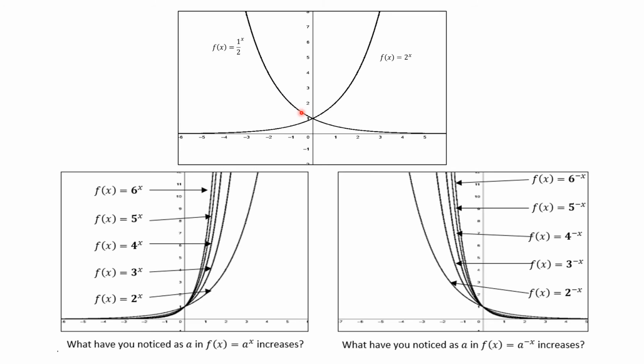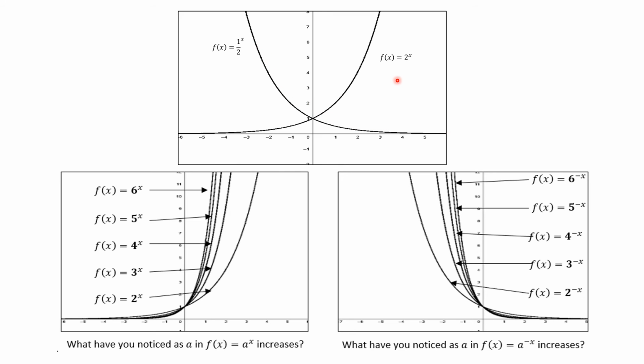If x is positive 1, if x is positive 2, what happened to our graph? Our graph is decreasing as the value of x increases. So, moving from the left side to the right side of the x-axis, as the value of x substituted in our exponential function increases, our graph decreases.